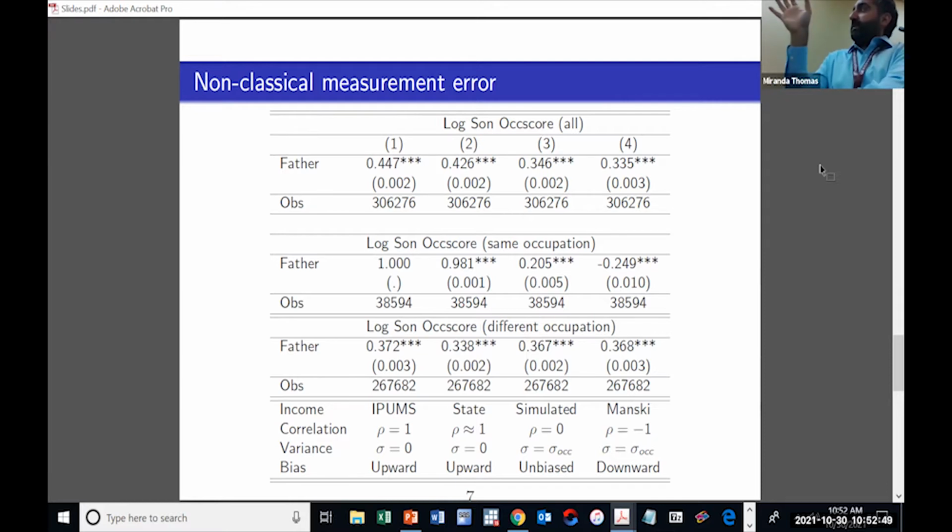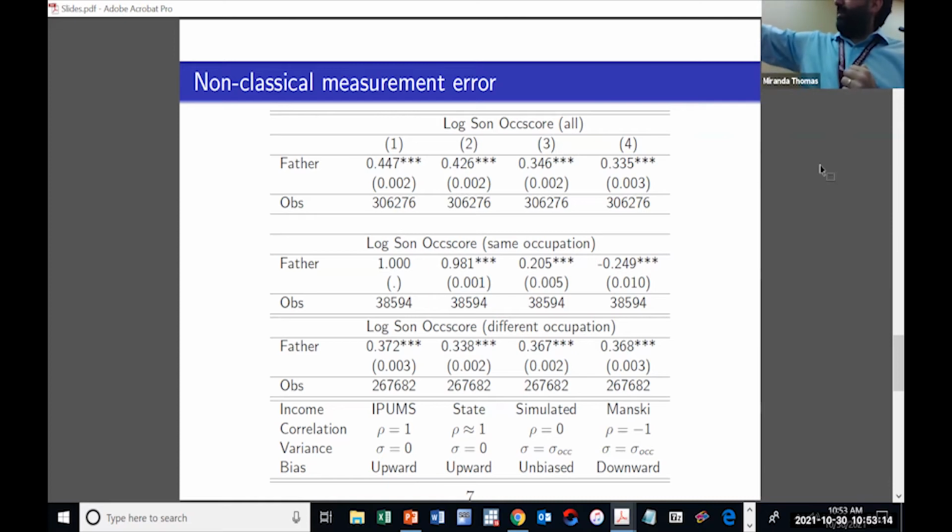And where is the difference coming from? So just look at the second table. For the set of pairs when the father and the son have the same occupation, what you get is just an artificial correlation of 1, right? There's not even a standard error, it's just 1. If you do what we did by state, you have a little bit less correlation than 1. That's because some people move from one state to another. So because we're assigning different income by state, you have a slightly different number.